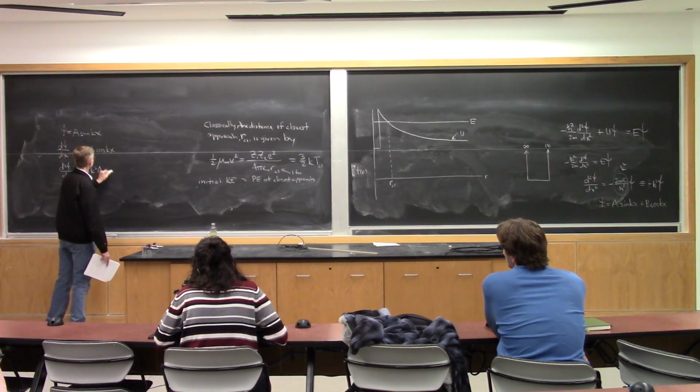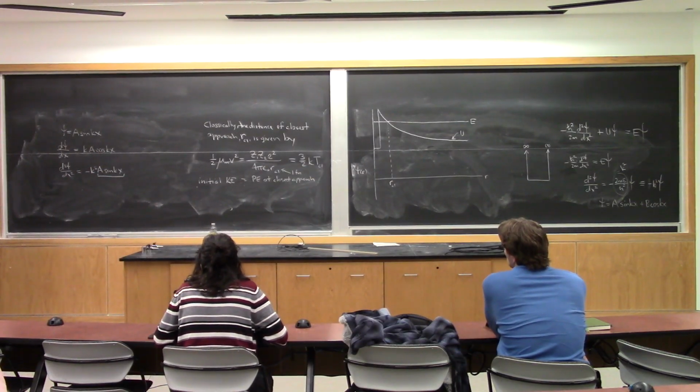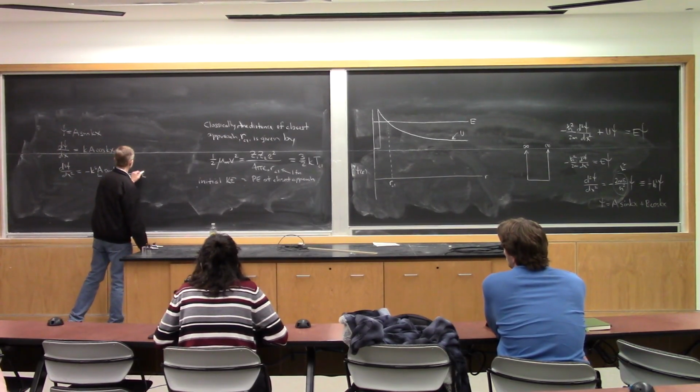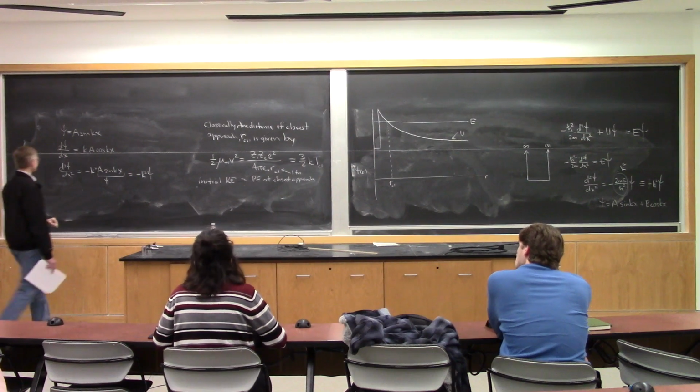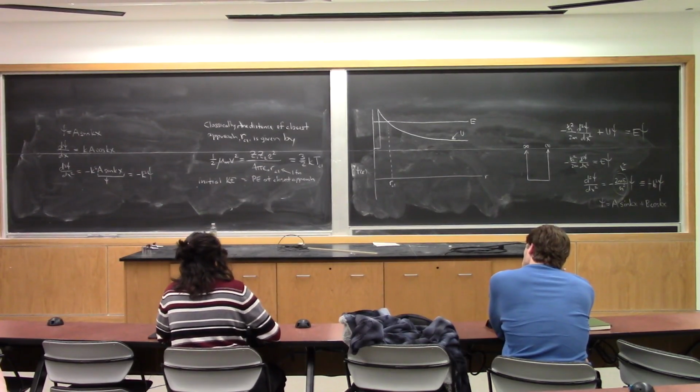a sine kx. Well, what's a sine kx? That's psi itself. And so indeed, a sine kx has the property that its second derivative is minus k squared times the psi that you started with.